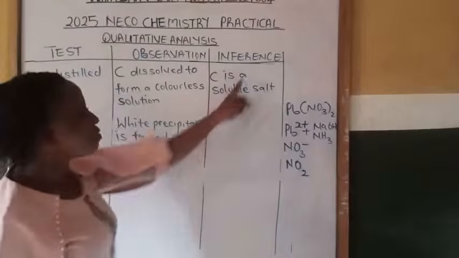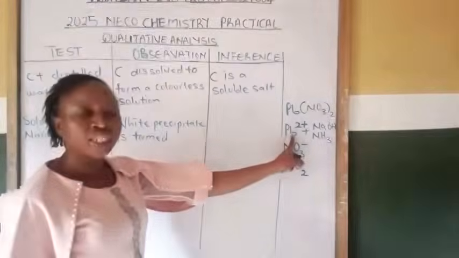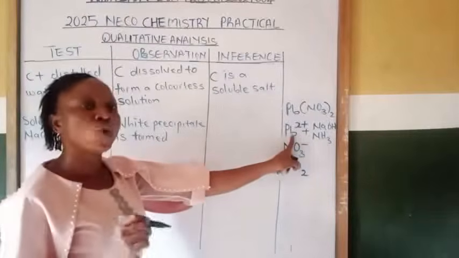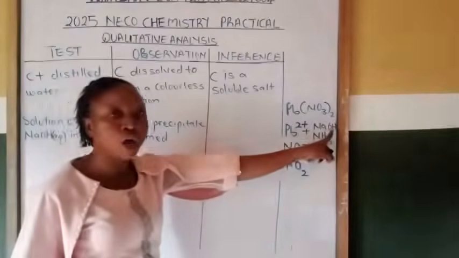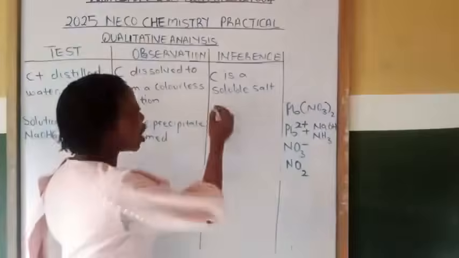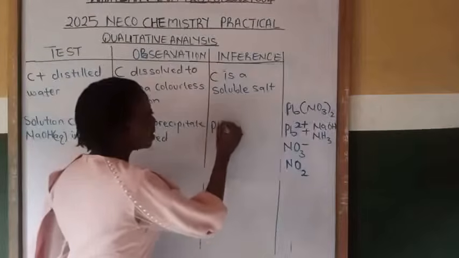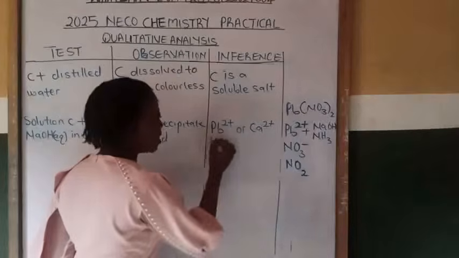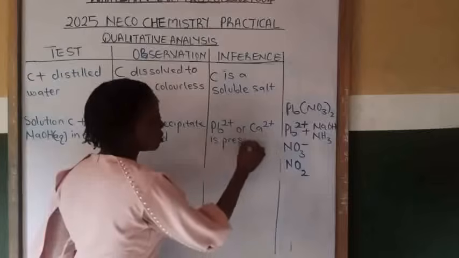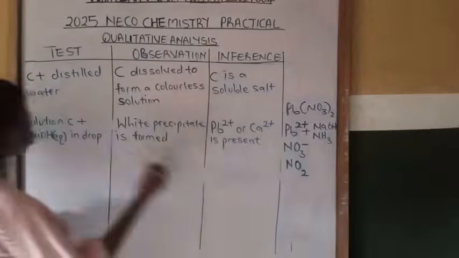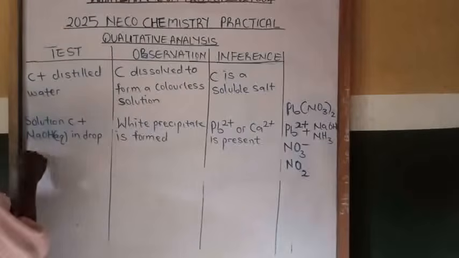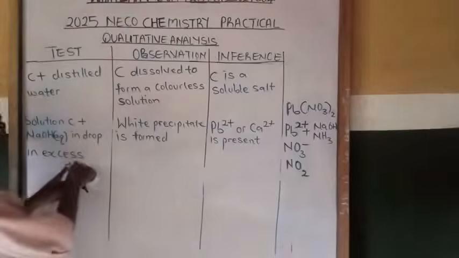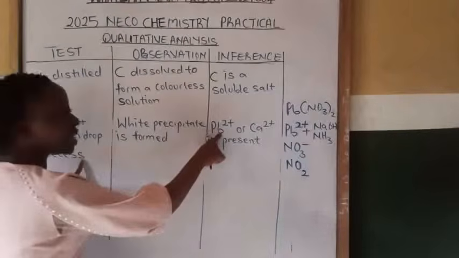Then what will be our inference? Not only lead ion will give you a white precipitate; lead and calcium ions will give you a white precipitate on addition of aqueous sodium hydroxide. So our inference now will be lead ion or calcium ion is present. Then they will ask you to add in excess. Then you move to another line: in excess. So what will happen in excess if it is lead that is present?